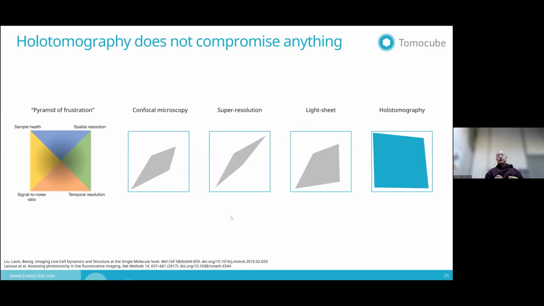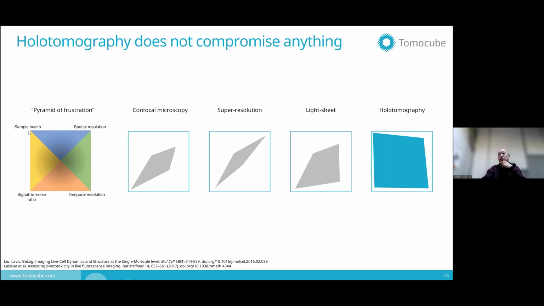Okay, so in this slide, I'd like to compare some features of microscopic imaging for cell analysis. This is called the pyramid of frustration, proposed by Eric Betzig in his papers. It was said that several features are important for the study of cells, including spatial resolution, temporal resolution, signal-to-noise ratio, and sample size.